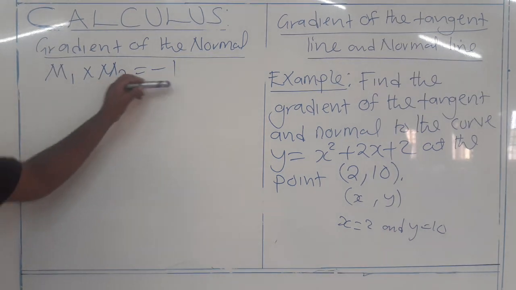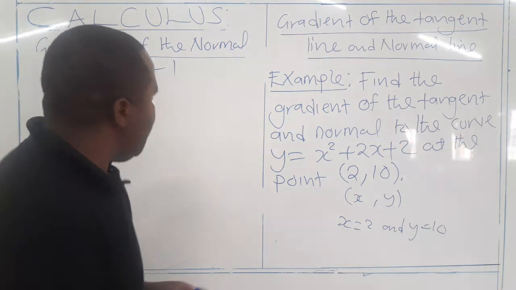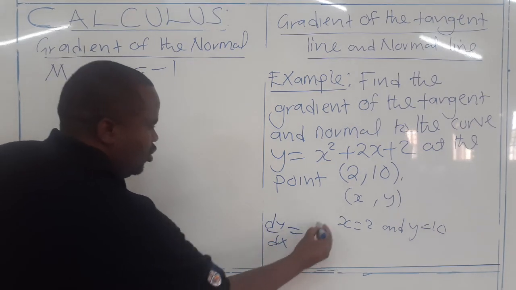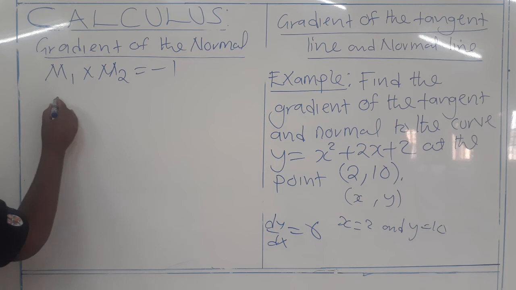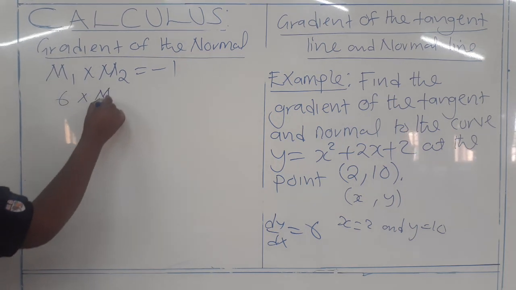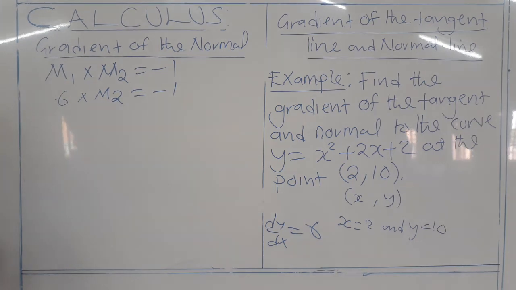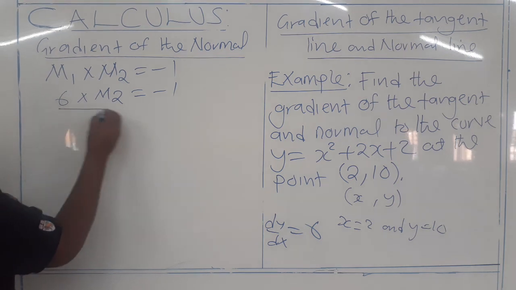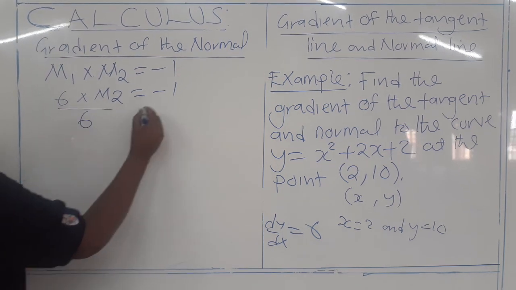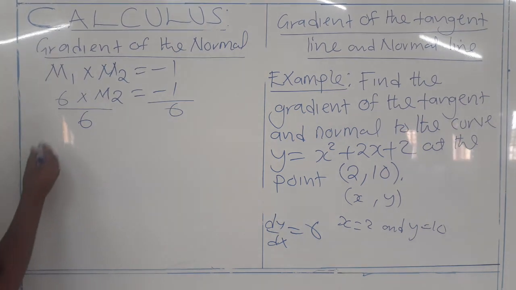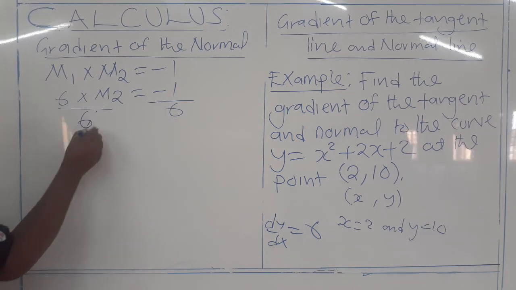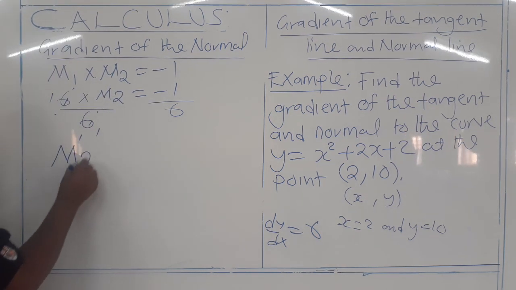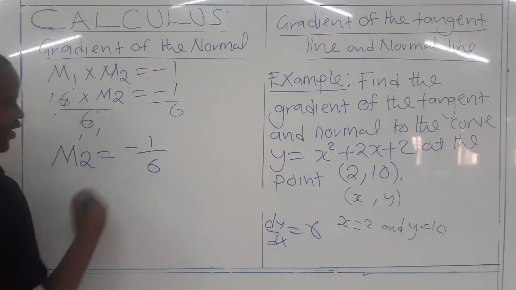We found that dy/dx was equal to 6, so we put our 6 and say 6 by m2 equals negative 1. How do we get m2? We divide both sides of the equation by 6, because we are multiplying them. 6 and 6 cancel, so you remain with m2. So m2 is equal to negative 1 over 6.